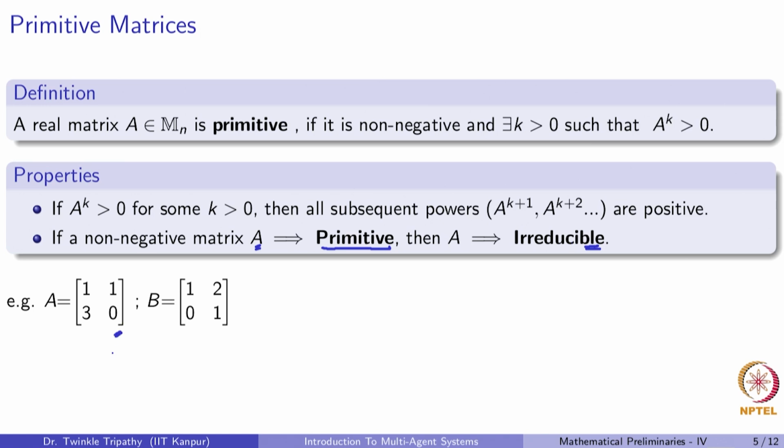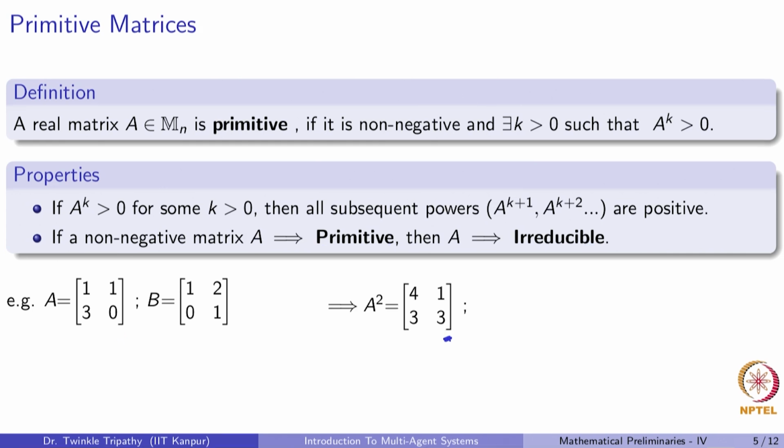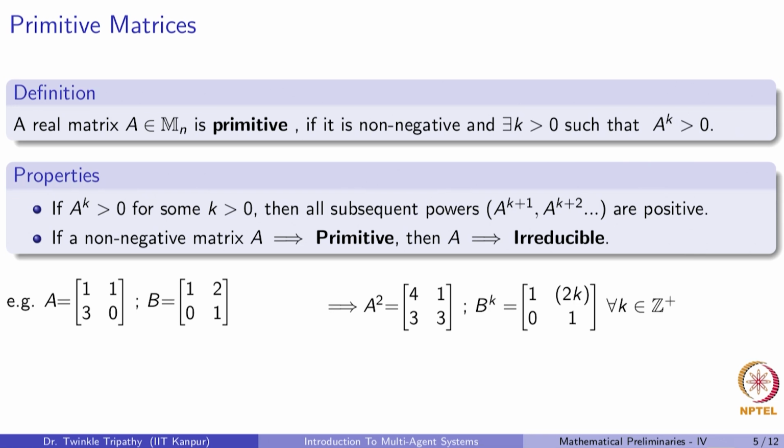So let's take these matrices A and B, and since we want to study whether these are primitive or not, let's try taking their powers. When we take A squared, we see that A squared has become a positive matrix, meaning that A is a primitive matrix. And if we take B raised to the power k, it takes this form. What do we observe here?